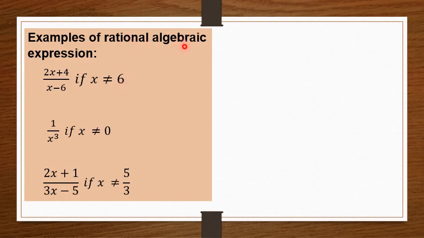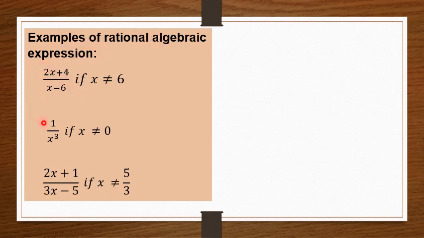According to the rule for rational algebraic expressions, if x becomes 6, we substitute the value 6, so 6 minus 6 becomes 0. We will discuss this later as non-permissible or permissible values. This is only an example of a rational algebraic expression.